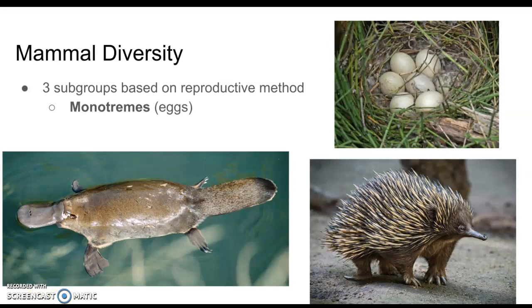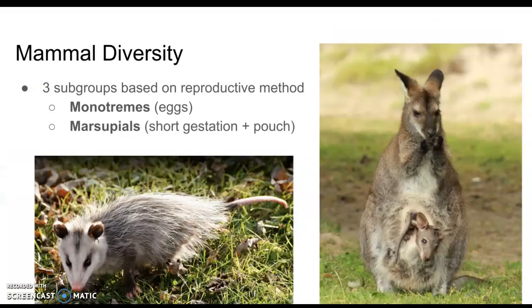There are only two types of monotremes. They're still considered mammals because they have every other quality except this. The first one is called the platypus, it's right here, and the second one is called the echidnas. This is the echidnas, and they basically just lay eggs, but they're mammals.